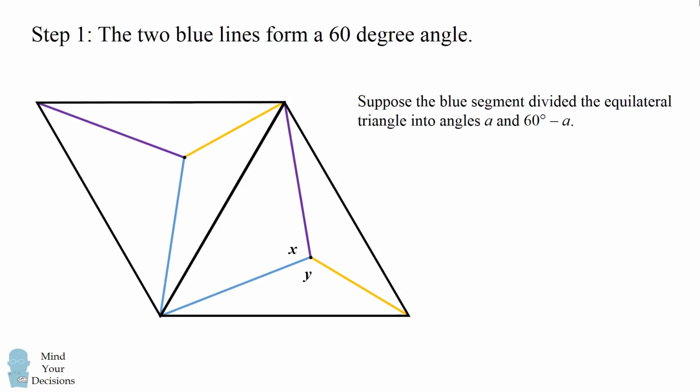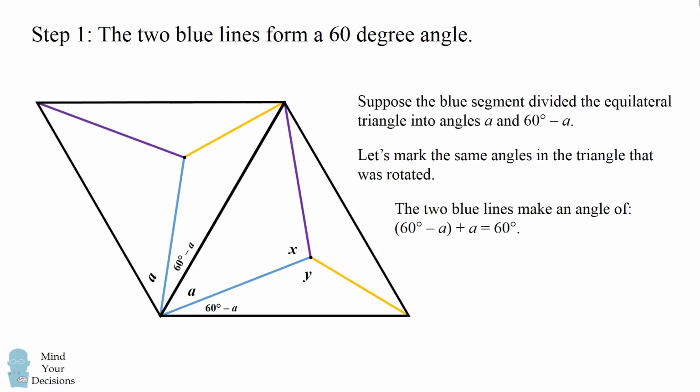Suppose the blue segment divided the equilateral triangle into angles A and 60 minus A. We'll mark the same angles in the triangle that was rotated. Now, the two blue lines make an angle of 60 minus A plus A, which is 60 degrees. So we've proved that this angle between the two blue lines is 60 degrees.